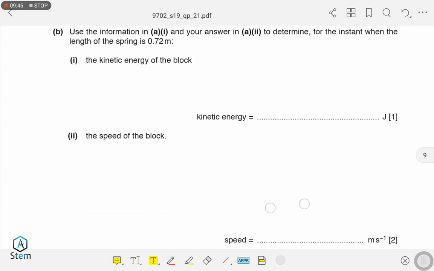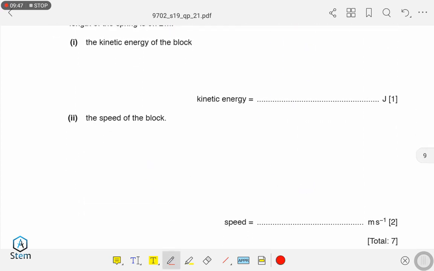So kinetic energy calculated. Then the speed of the block. The speed of the block is related to kinetic energy using the equation 1/2 mv squared, where m is the mass of the block and v is the velocity or speed of the block.